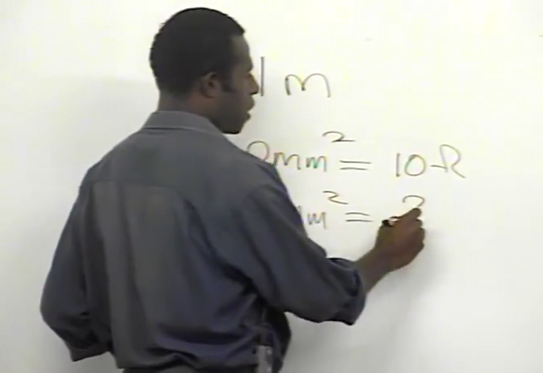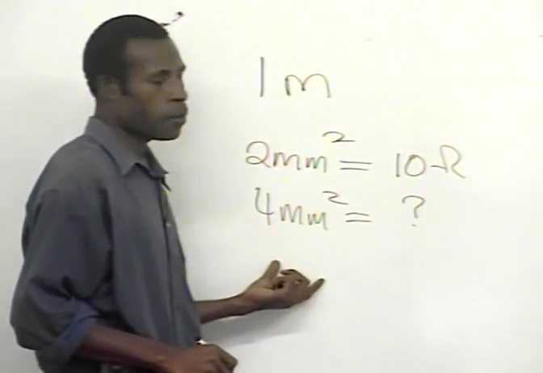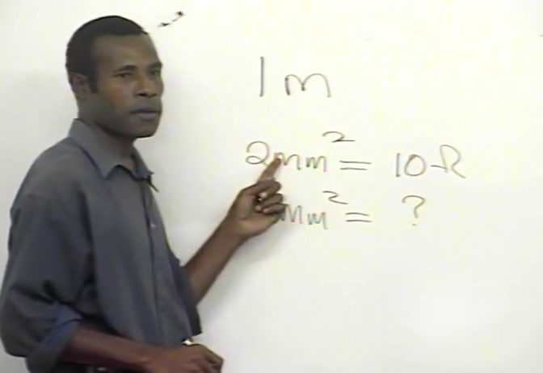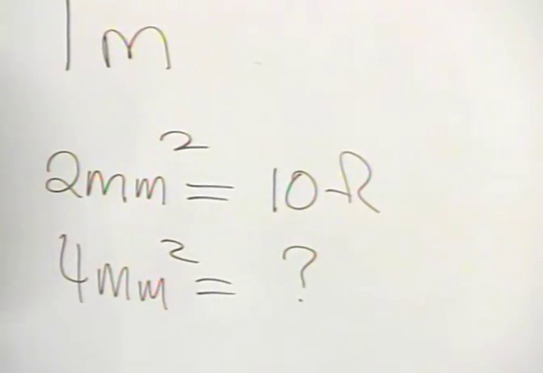You are trying to find what resistance 4 millimeter square will give.